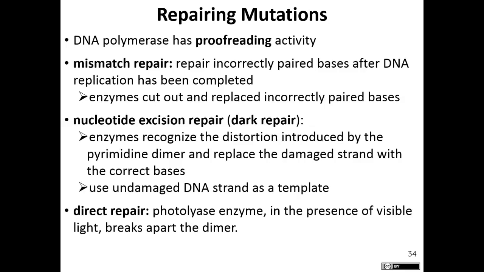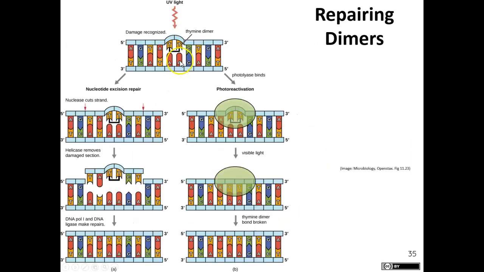And then we have light repair enzymes, or direct repair enzymes, which use photolyase enzymes, which are usable during light environments, with visible light. These will break apart those thymine dimers so that the DNA can then be replicated properly.